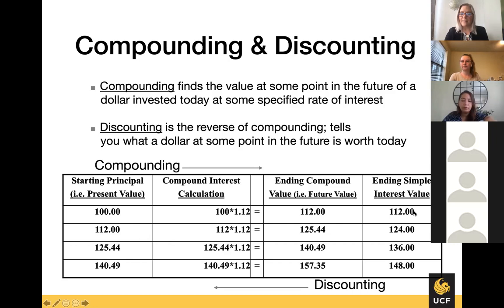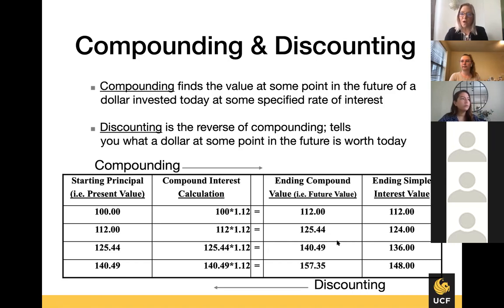And so at the end of the first year, with a simple interest calculation, we would earn $12 each year, and only $12 each year. So we can see that our original $100 here is only getting $12 added to it each year.